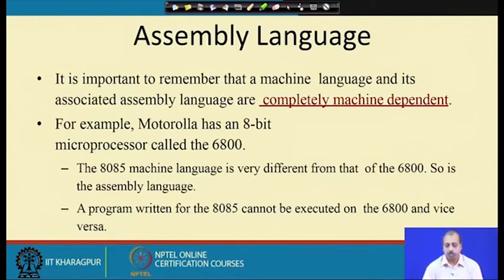So, the target has to be specified. If you are installing any compiler, you must know that it asks for the target processor for which the code has to be generated. This is because the machine languages of two different processors are totally different, so something targeted to one processor will not work with the other.